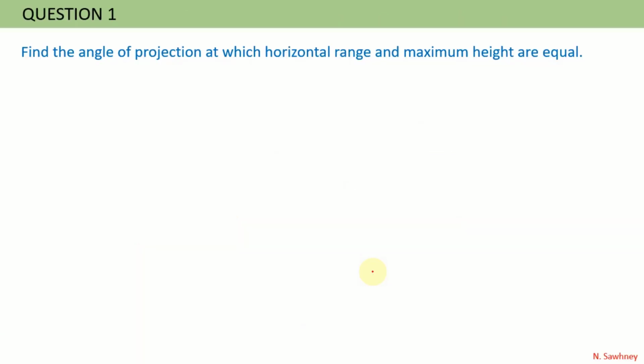This is the first question. We have to find the angle of projection at which the horizontal range and the maximum height are equal.